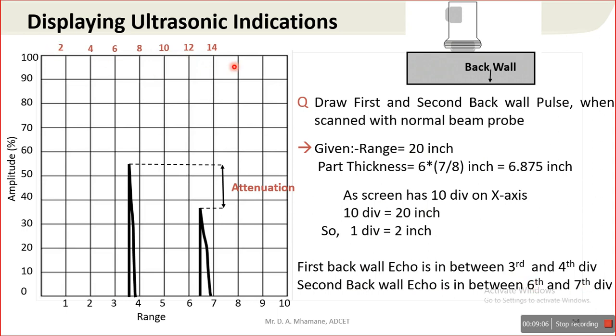This is the representation of the first back wall echo and second back wall echo, and the intensity is reduced in case of the second back wall echo, and it is due to attenuation, that is absorption and scattering of ultrasound intensity.